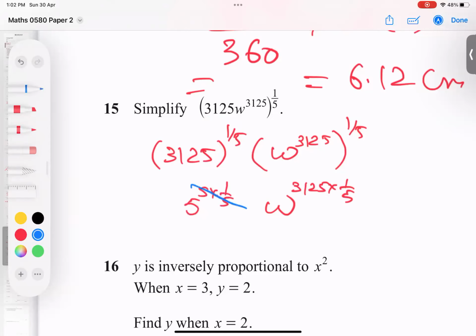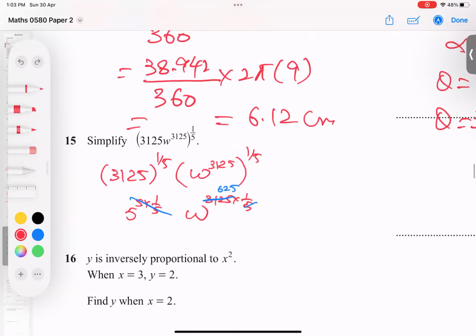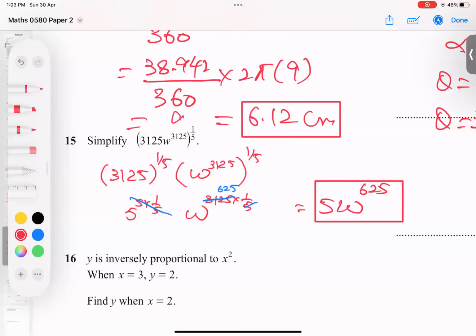So this power cancels, and here also cancellation. And this value is coming after cancellation 625. So final answer 5, I'm writing this after here, 5 to the power 625. This is my final answer, as this was the previous. Okay. I hope this part is clear.